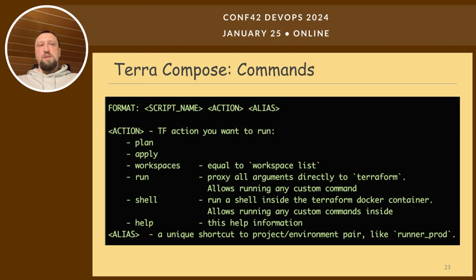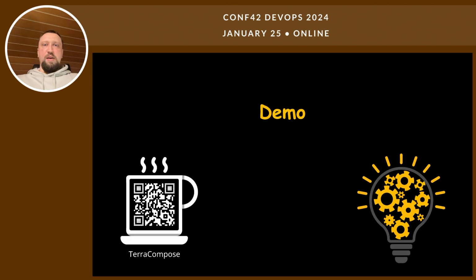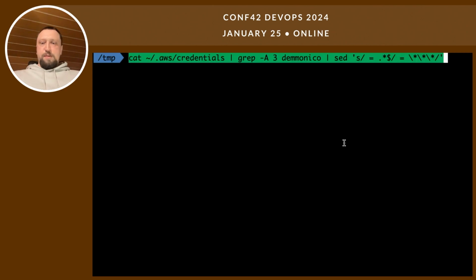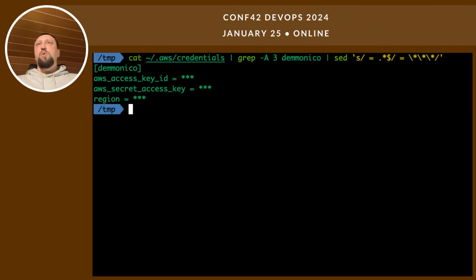Here you can see the output of the help action. It lists available actions, and it also lists available aliases. And now it's time for the demo. First of all, I want to emphasize a few points about the demo.